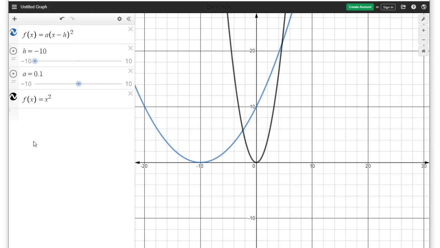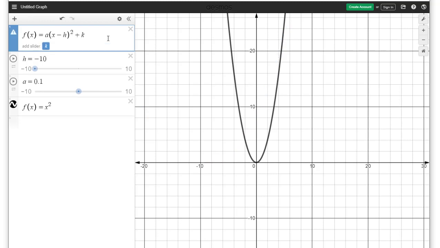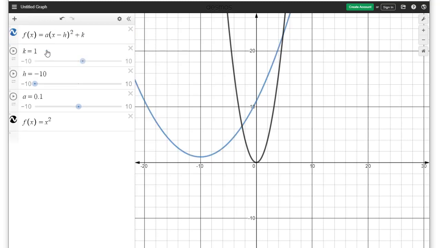Once again, we have this format. We're going to leave the parabola in standard form there in black, and then I'm going to add an additional variable to a times x minus h squared by adding k at the end. And we'll add a slider for that as well. And now you can see that the blue function is representative of all 3 variables.